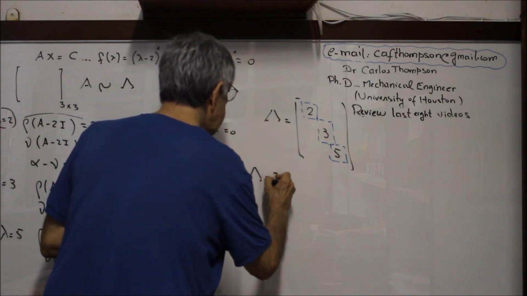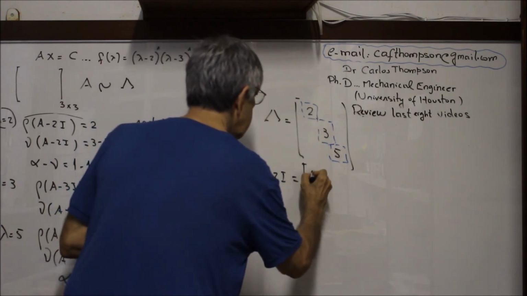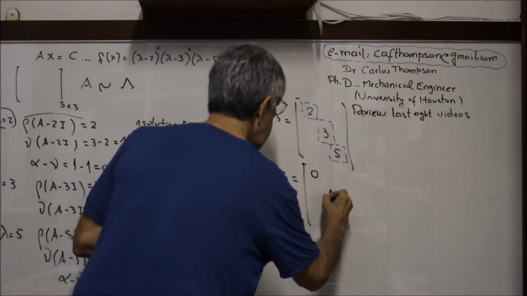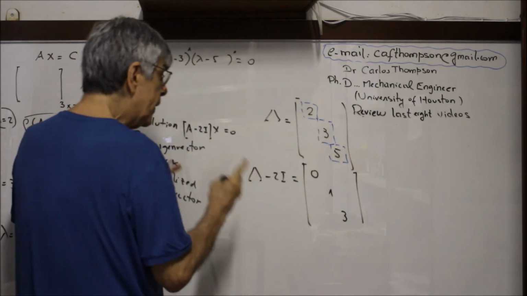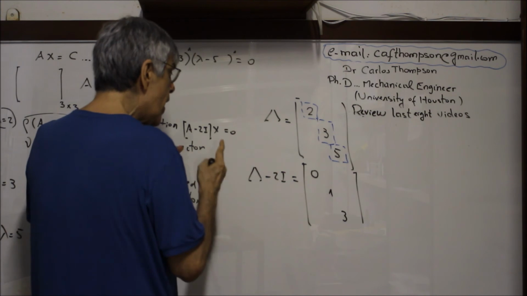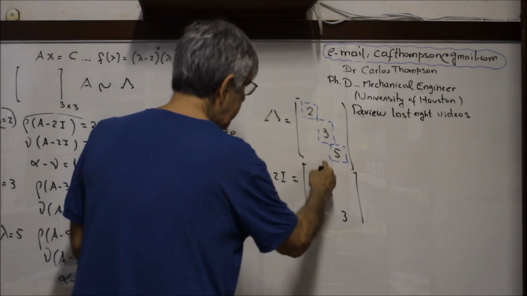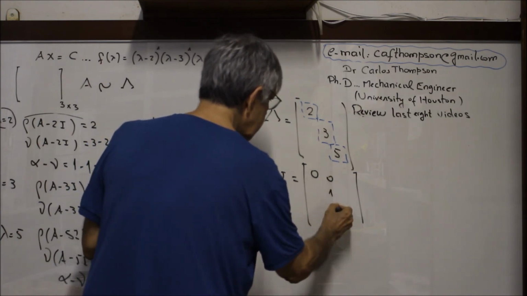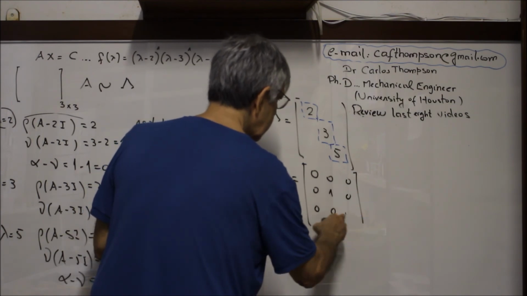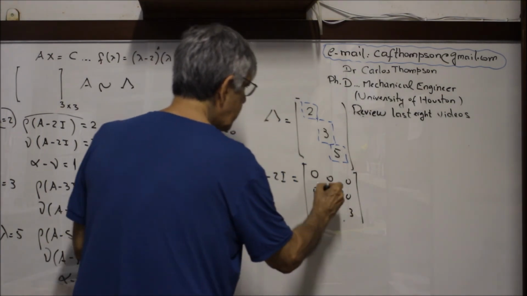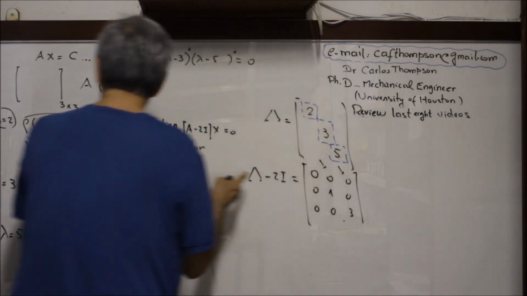lambda minus 2I is equal 0, 3 minus 2, 1, 5 minus 2 is 3. How many pivots do I have for lambda is equal to 2? This is not a pivot. This is one pivot. Don't forget that this is 0 here, okay? Don't forget that. I put 3 here. I have one pivot and one pivot. So what is the rank of this matrix? Look at here.